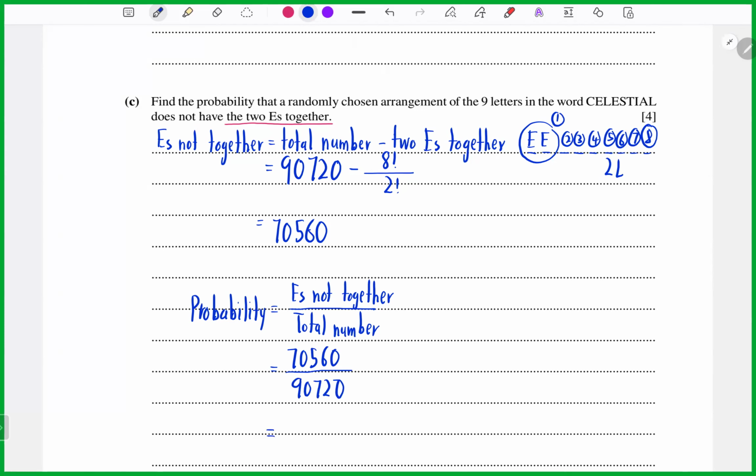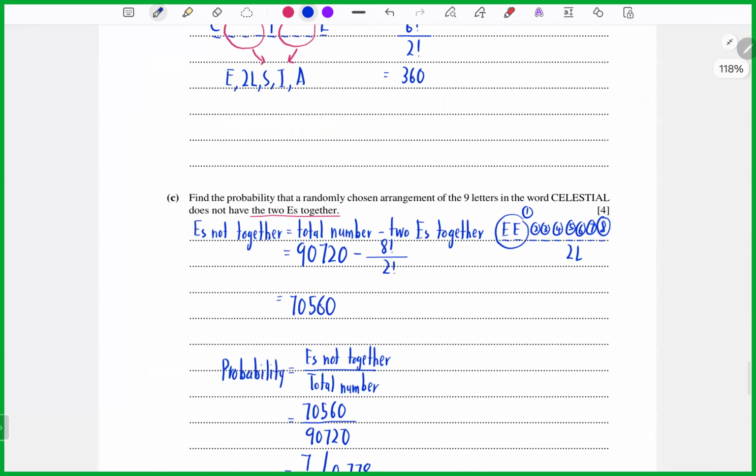Okay, we can try to simplify. Okay, 7 over 9 or 0.778. Okay, so this is your answer.